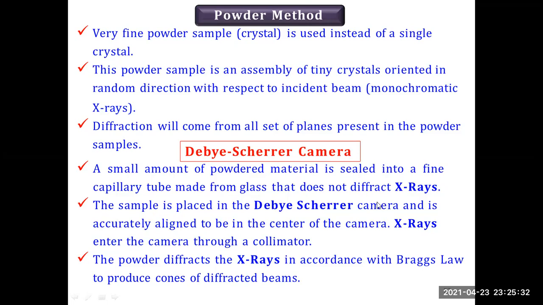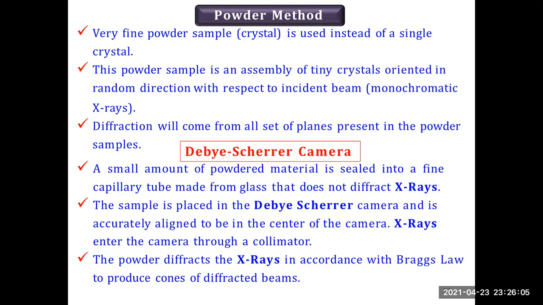In the 19th century, the Debye-Scherrer camera was used, in which we place the sample exactly at the center of the camera, and the X-rays enter through a collimator, I will show you the figure. They are made to be incident on the sample inside the capillary tube.